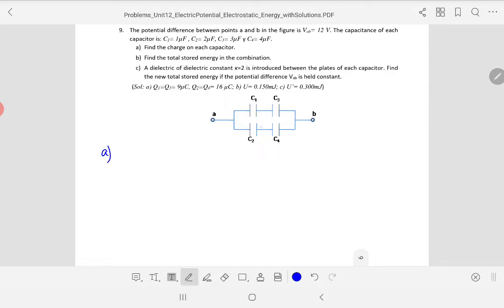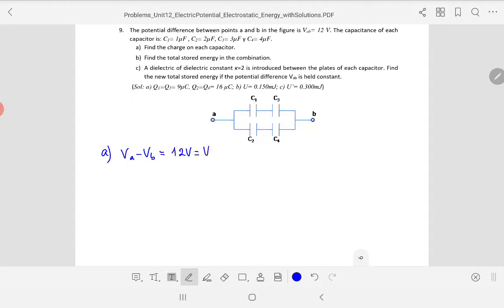Because once we've done this, we know that the difference of potential between the plates of these equivalent capacitors in the upper and lower branch is going to be the same, and it's going to be the one between points A and B, which is directly given in the problem, which is 12 volts.